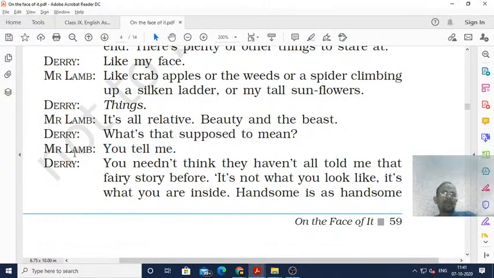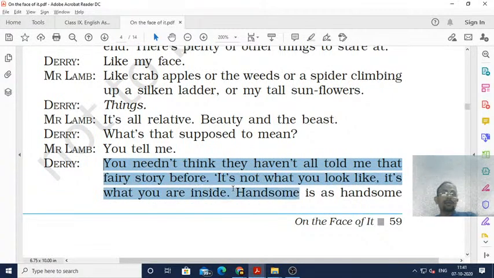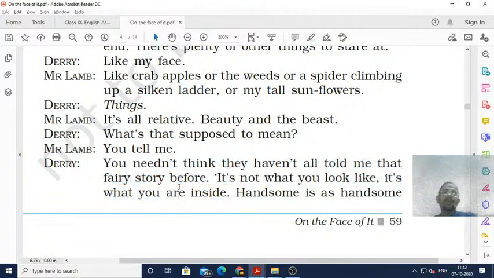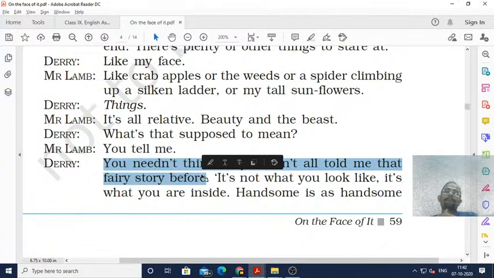Okay? Derry says, you needn't think they haven't all told me that fairy story before. It's not what you look like, it's what you are inside. Handsome is as handsome does. Okay? So Derry is now quoting some more philosophical statements which were spoken to Derry by other people.